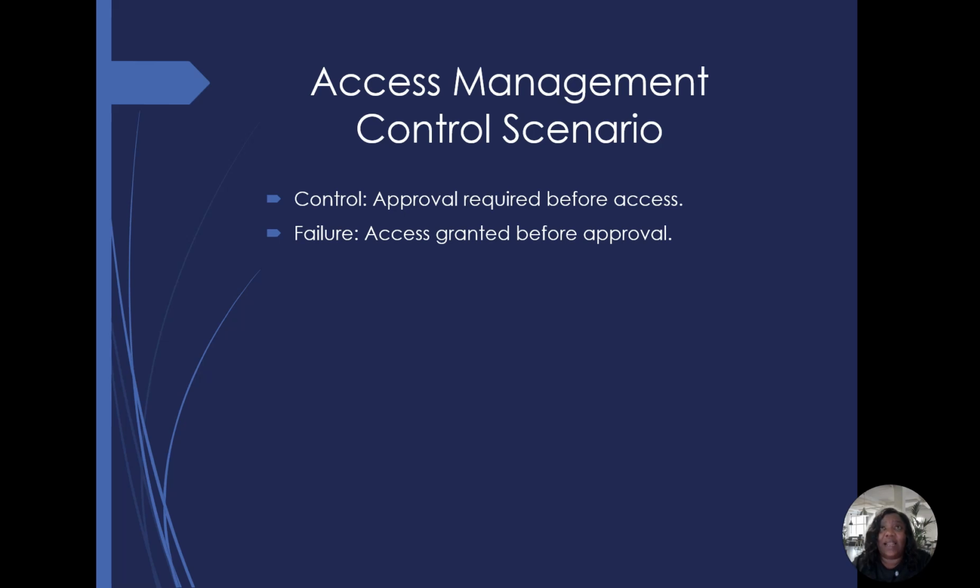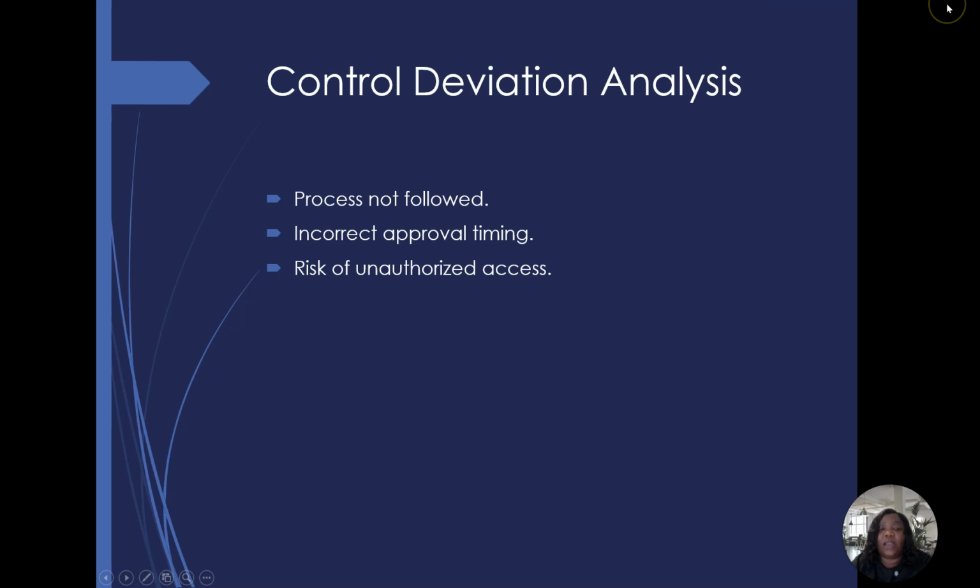That is a clear definition of control failure because the control is supposed to ensure that approval is gotten before access is granted. So in this case where yes, approval was gotten but it was after access was granted, that is a control failure.